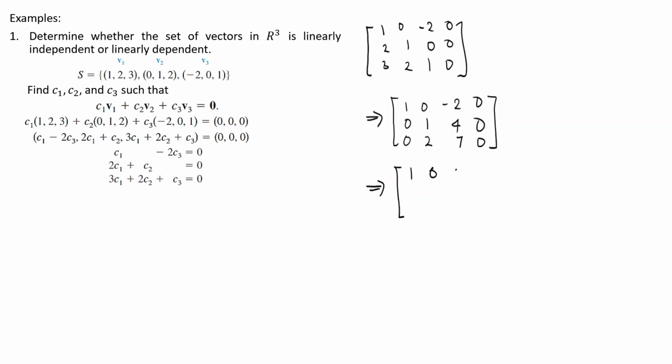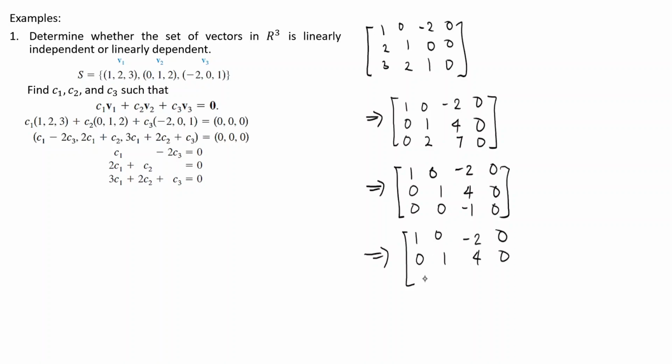We have 1, 0, negative 2, 0. Sorry, that's 0, 1, 4, 0. And then to make this 0 here, we multiply by negative 2 and then add to row 3. So that's negative 1, 0. Okay, so we have this matrix.